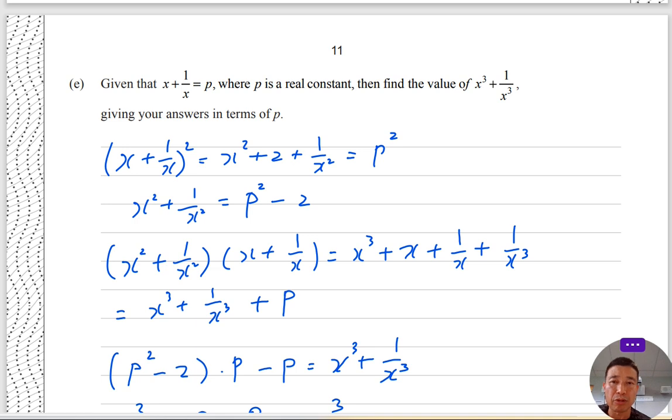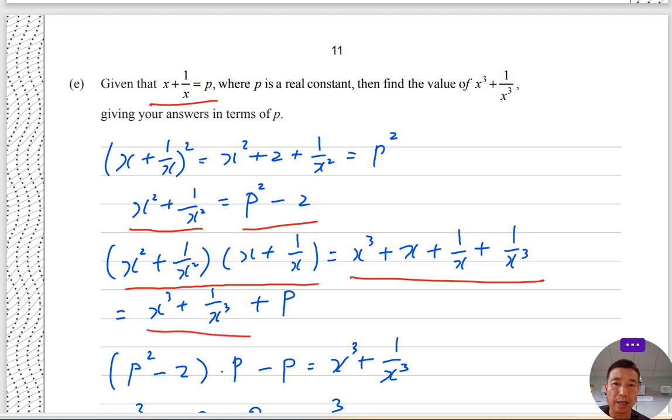So I can rearrange this. x squared plus 1 over x squared must be p squared minus 2, right? And then if I multiply x squared plus 1 over x squared by x plus 1 over x, I get x cubed plus 1 over x cubed plus x plus 1 over x, which is defined to be p.